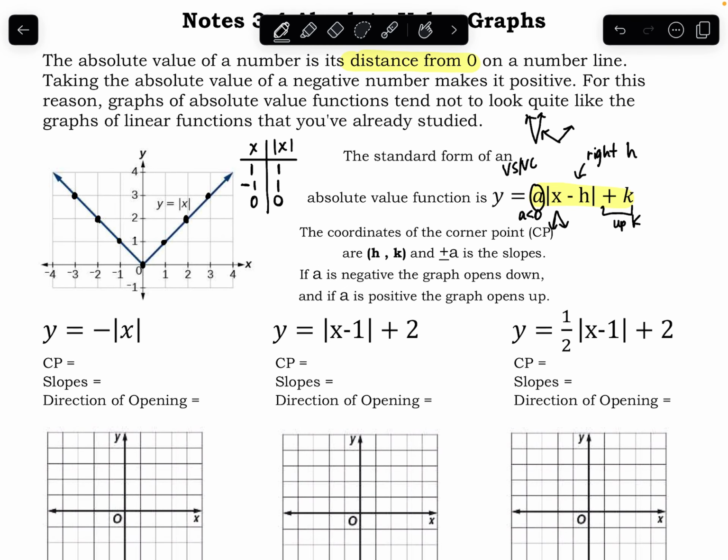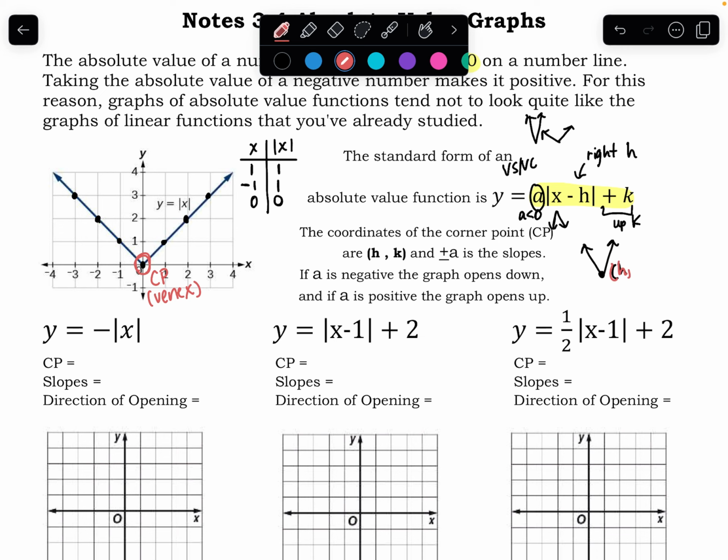There is what we call the vertex in the middle, which is our critical point. And so usually it starts at 0, 0. If it's been moved right h, this critical point or vertex is going to move to the point h, k.